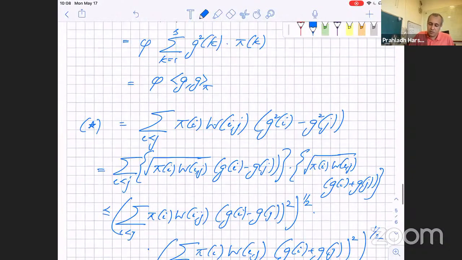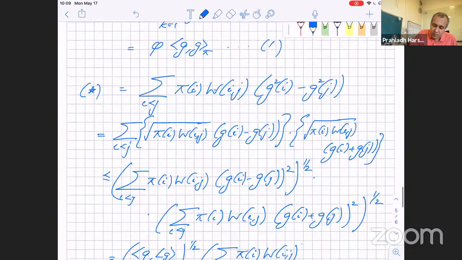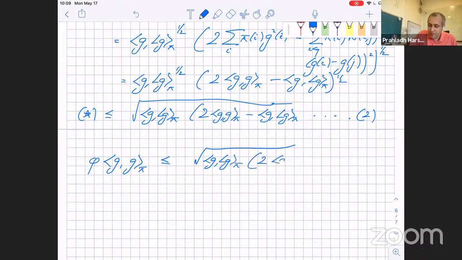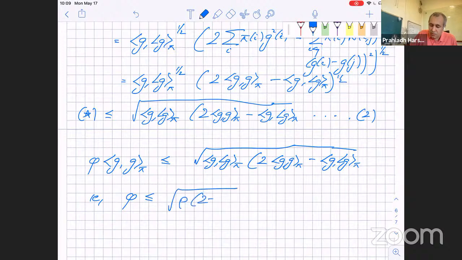If you put them together, we have that phi of gg pi is less than or equal to square root gLg pi into 2, that is phi is less than or equal to square root rho into 2 minus rho.